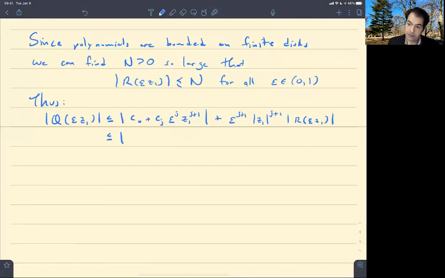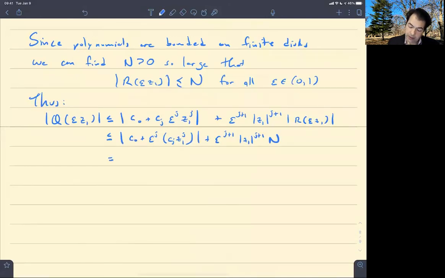What I'll do is pull out the epsilon to the j and just look at Cj, C1 to the j. Oh sorry, this is j plus 1, it's just j. And then here I can replace this polynomial with just capital N.